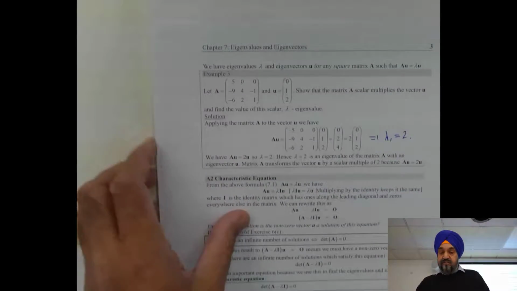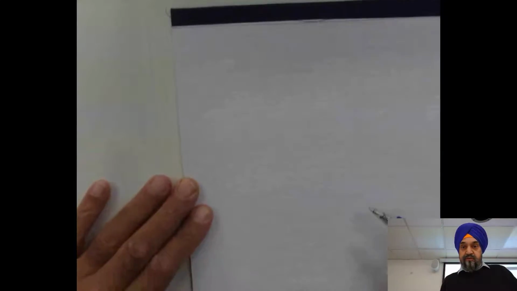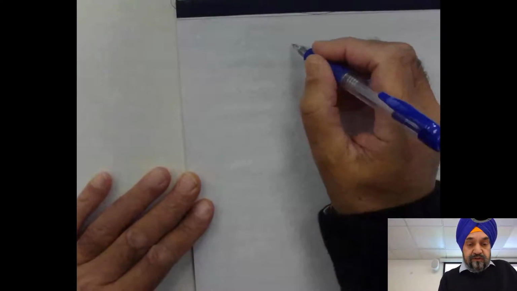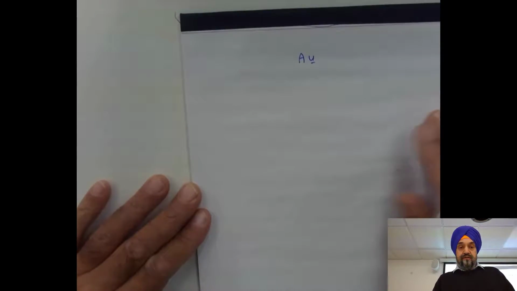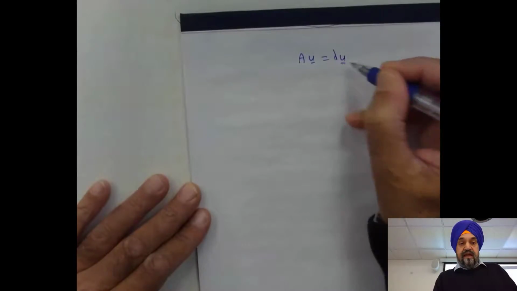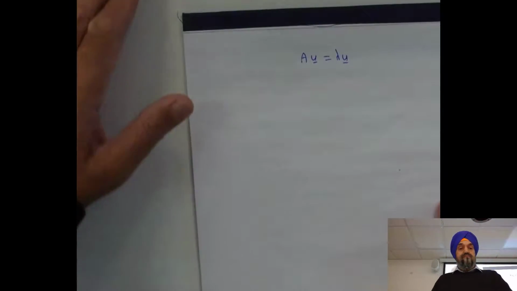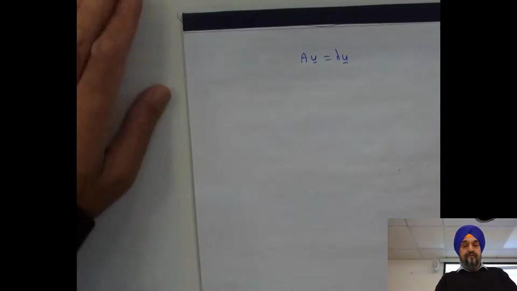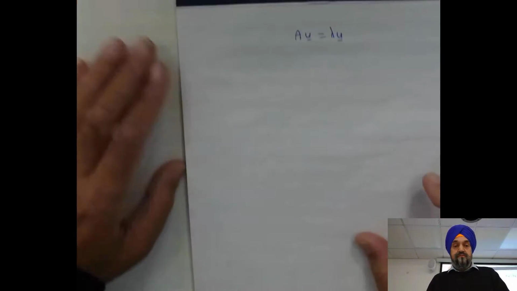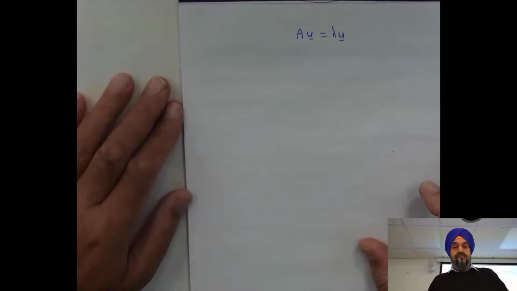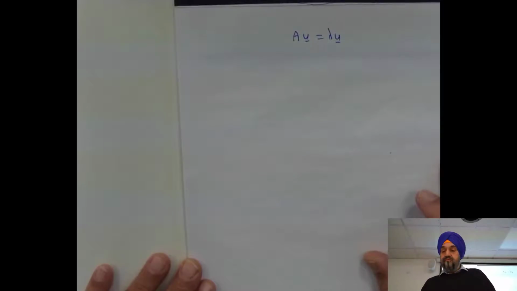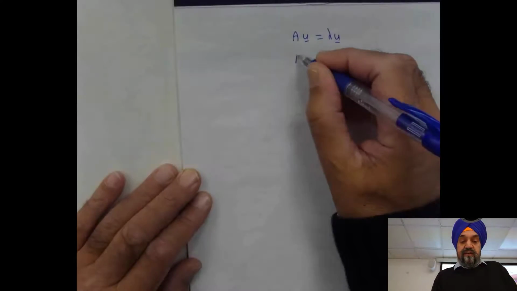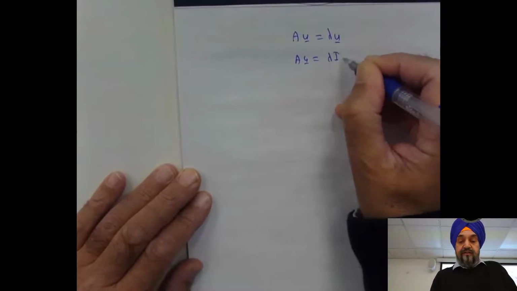Okay, let's go back and have a look at the general eigenvalue, eigenvector problem. So you've got AU is equal to lambda U. You can write this as AU is equal to lambda IU.